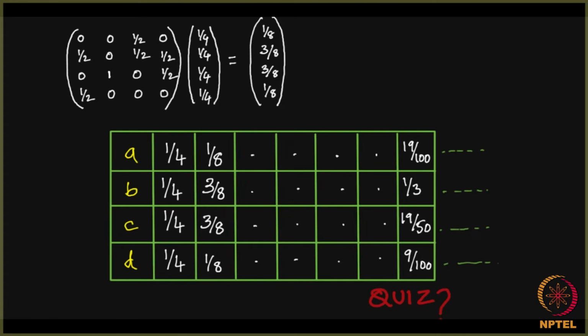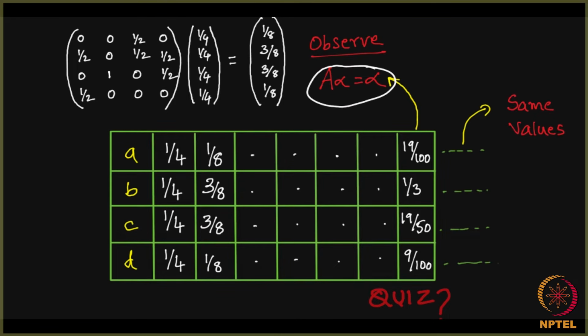So it remains the same. Correct. So note something. Here is the situation where A alpha becomes equal to alpha, and that is why the change doesn't happen, because A alpha equals alpha. It's all the same, right? So this is the matrix way of saying it.